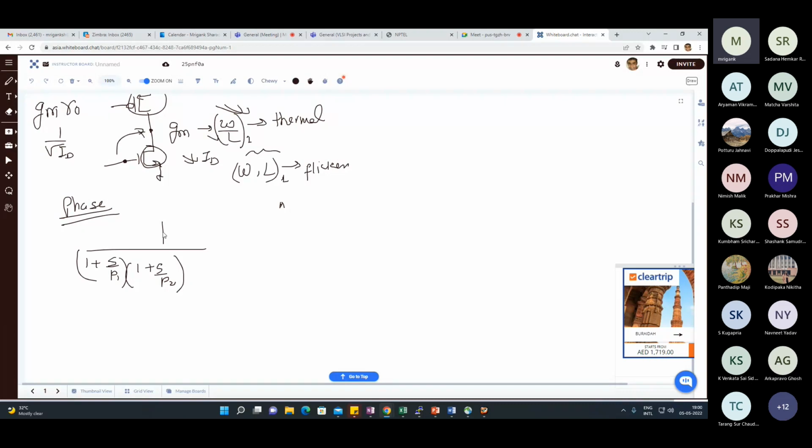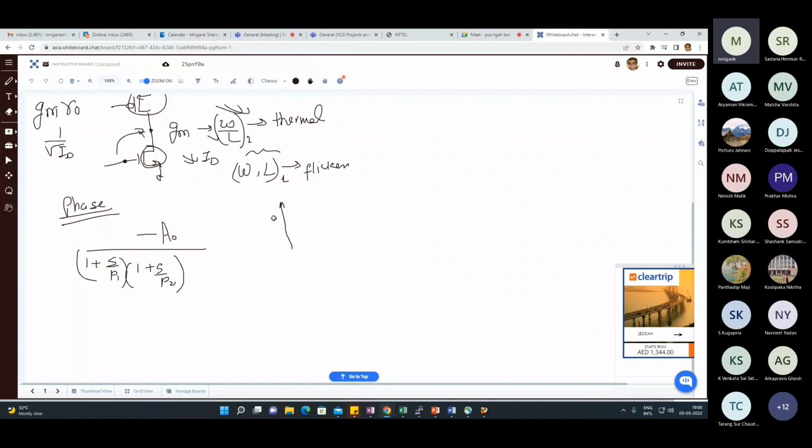But common source is an inverting amplifier, so you will get a -1, or whatever A naught is there, minus A naught. A naught is a positive number, and minus A naught denotes that to begin with you have a 180 degree phase shift.